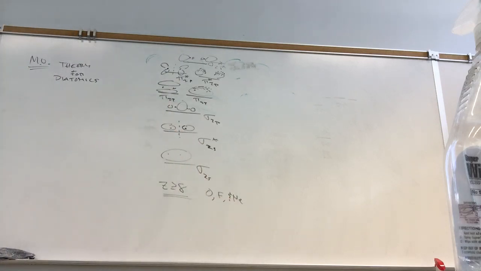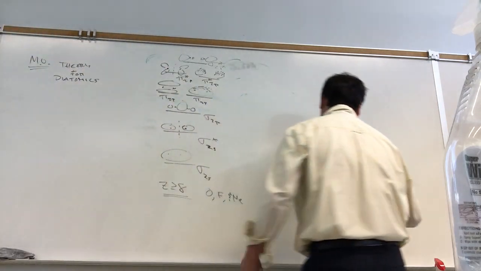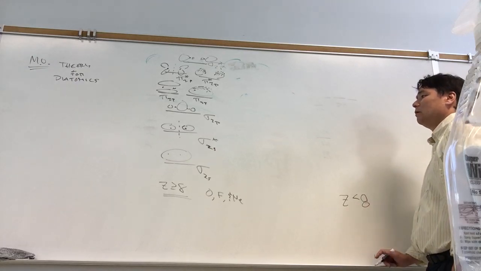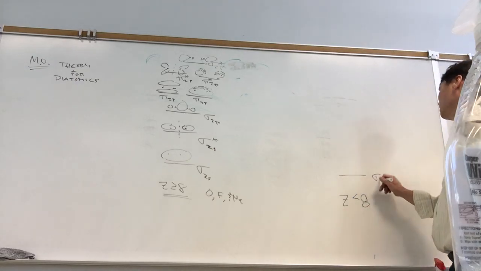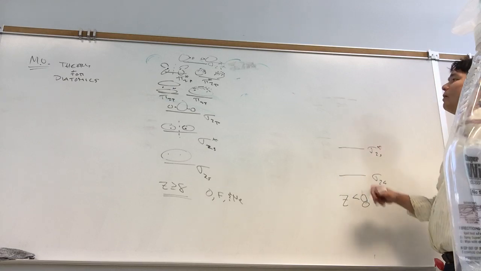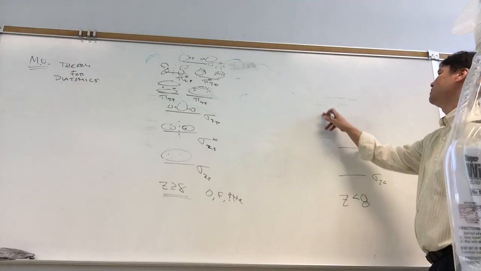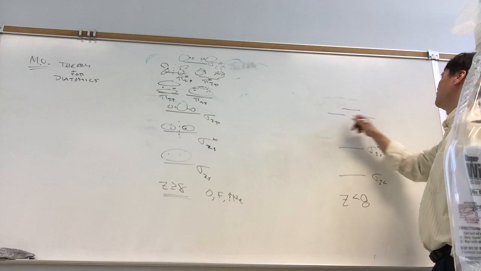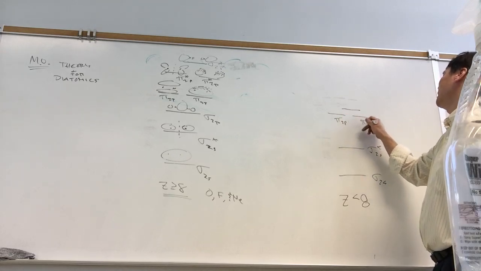However, something weird happens when we're dealing with nitrogen and anything lower. When we go Z less than 8, well, the sigma 2s looks the same, followed by the sigma star 2s. But what happens is the sigma 2p pops up in energy. And so we have a pi 2p here, a pi 2p here.